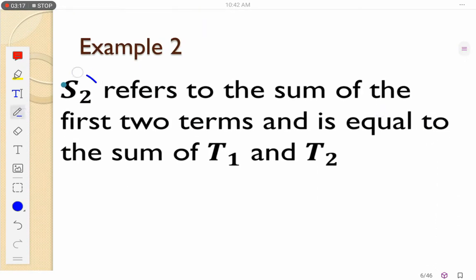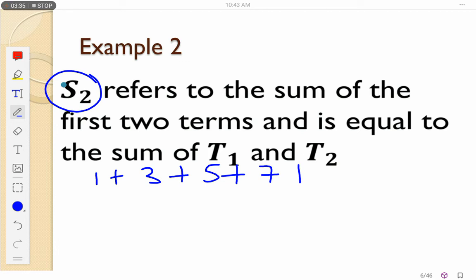Now I've got summation of two terms. It means I'm going to add the first two terms in the series. Using the same series, I have 1 plus 3 plus 5 plus 7 plus 9 and so on. Remember we said 1 is our T1, 3 is our T2. So when we talk of S2, it means we are adding term number 1 plus term number 2.